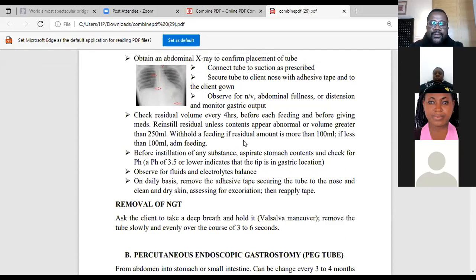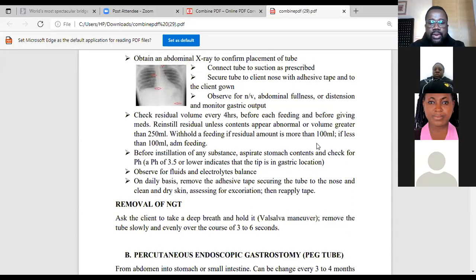Now, if you aspirate and the stomach content, what is called the residual volume, is more than 100. Listen, it's more than 100 mils.